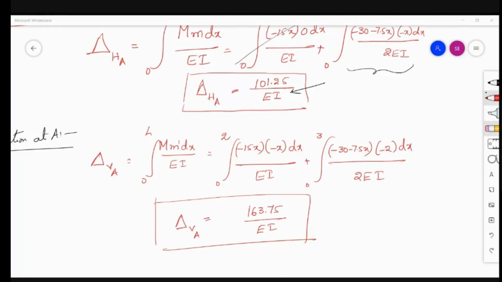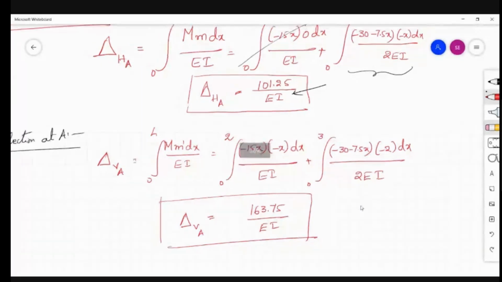So how have you done this? Here you considered portions, and to get the horizontal deflection you applied a unit load in the horizontal direction, and to get the vertical deflection you applied a unit load in the vertical direction.